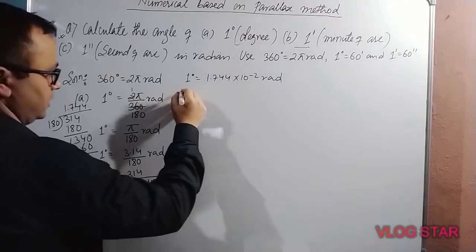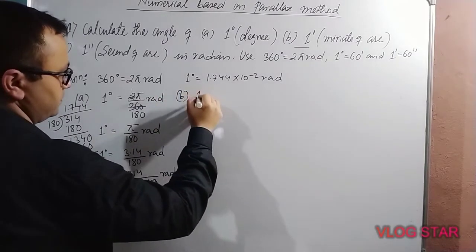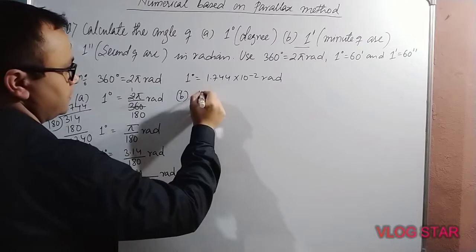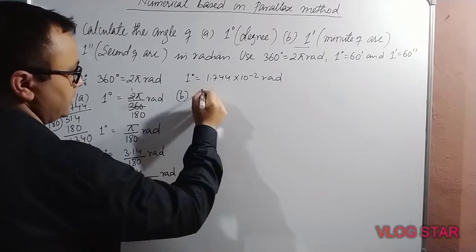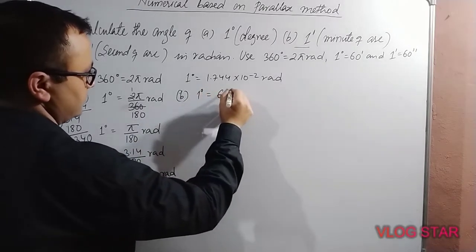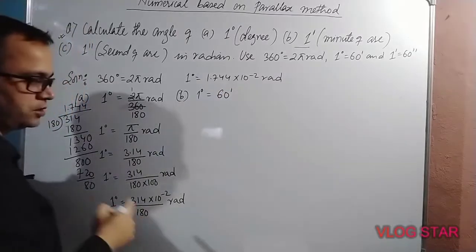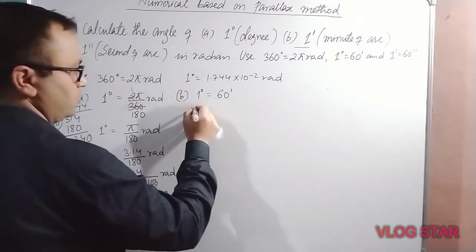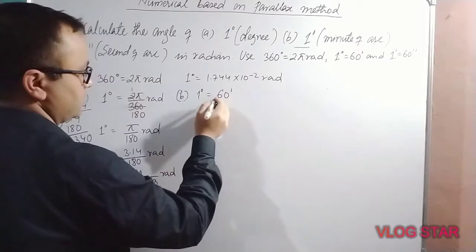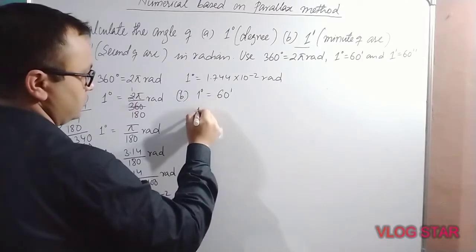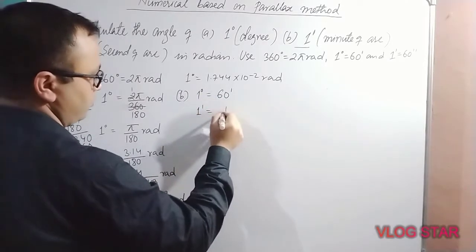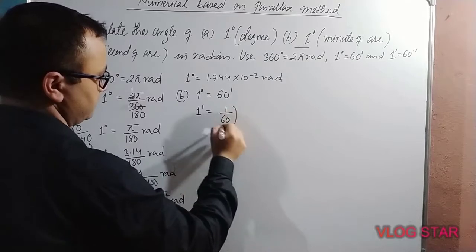Now next is B. For B, we know that 1 degree equals 60 minute. Now first we have to calculate 1 minute. If you divide this equation by 60, you will get 1 minute equals 1 by 60 degree.